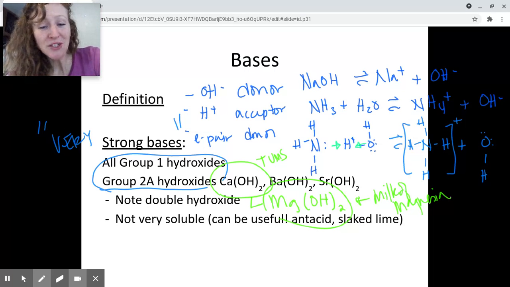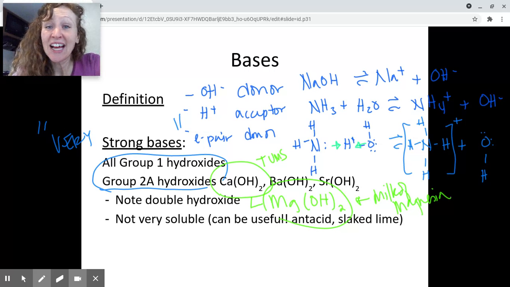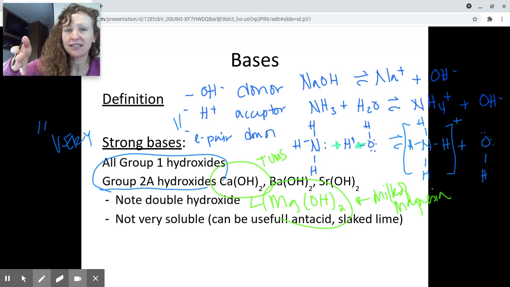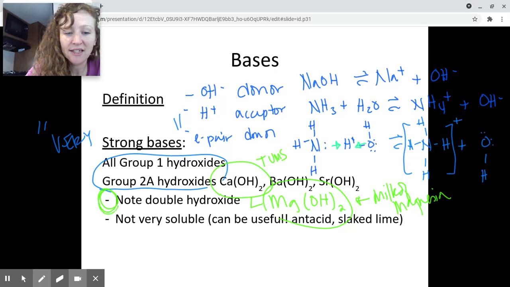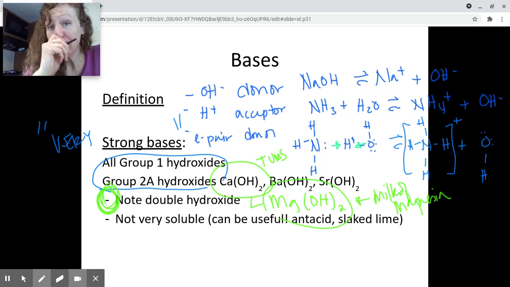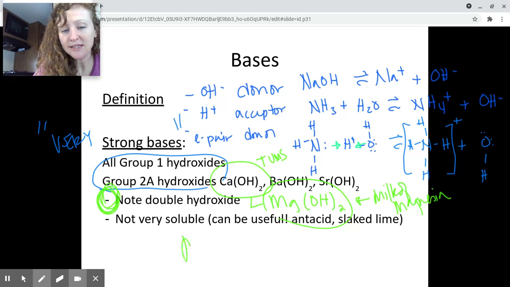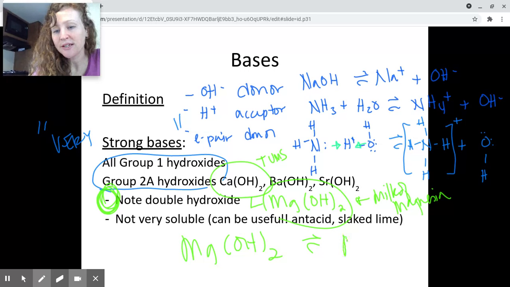One other thing you have to know about these is that any of the alkaline earth metals, any of those metals in that second family, any of those hydroxides are going to be a double hydroxide. That's this note here. So if you have magnesium hydroxide by itself dissociating, notice that it dissociates into a magnesium ion and two hydroxides.